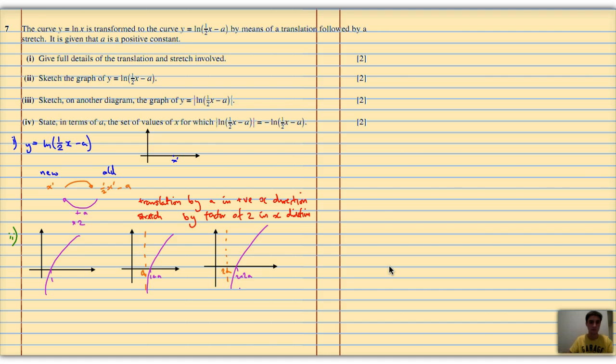Okay, let's look at part 3 now. It says on another diagram, sketch y equals the modulus of ln of (a half x minus a). If I draw another set of axes here, I'm going to have the same asymptote at 2a.